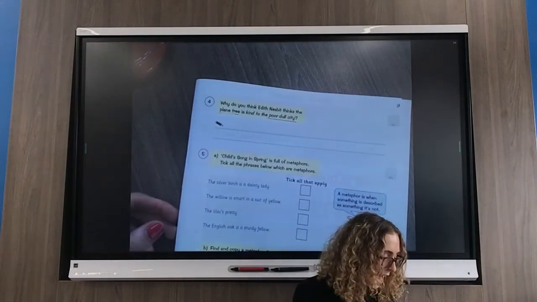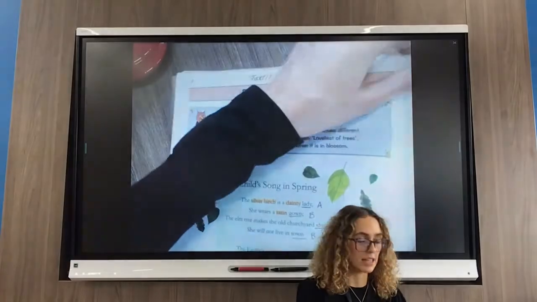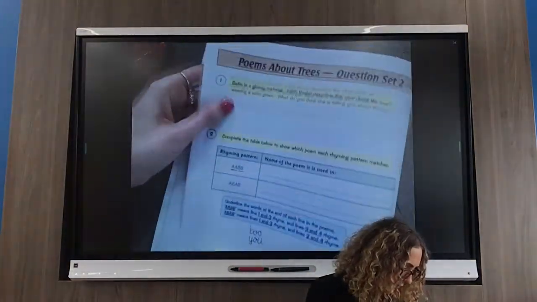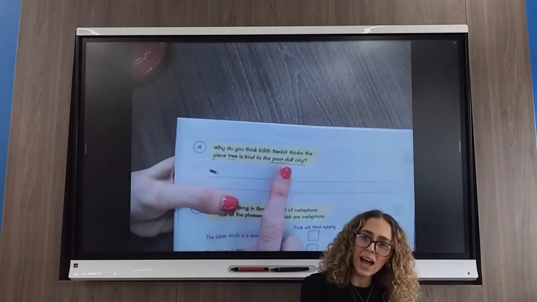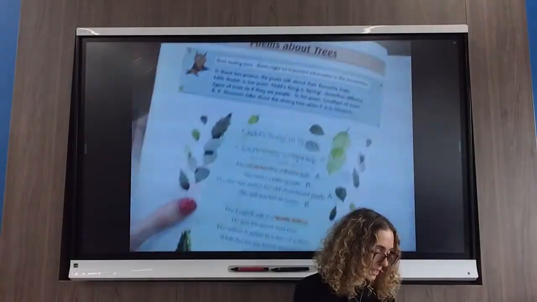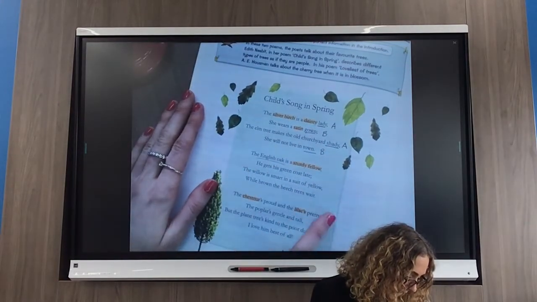I know that Edith Nesbit has written The Child's Song in Spring, and I'm looking for the plane tree. Can you find the plane tree?